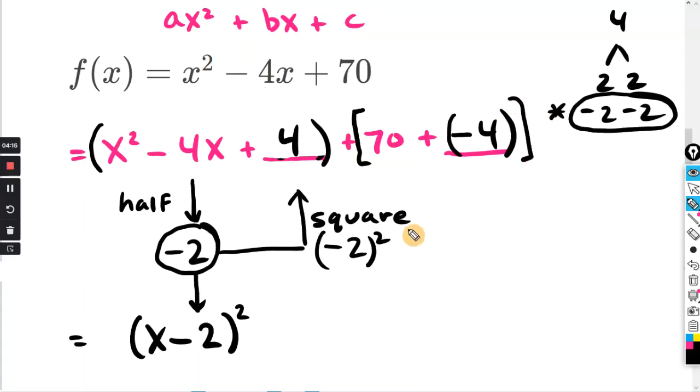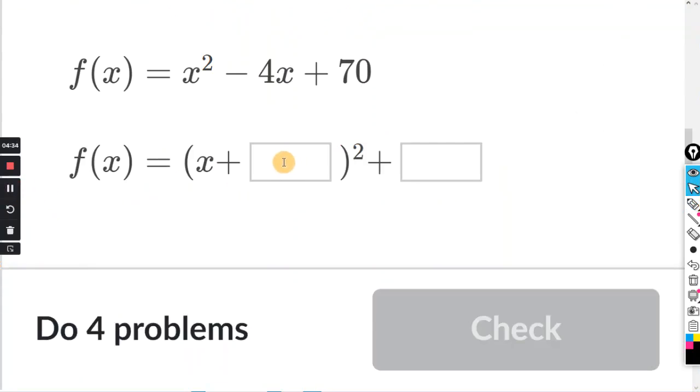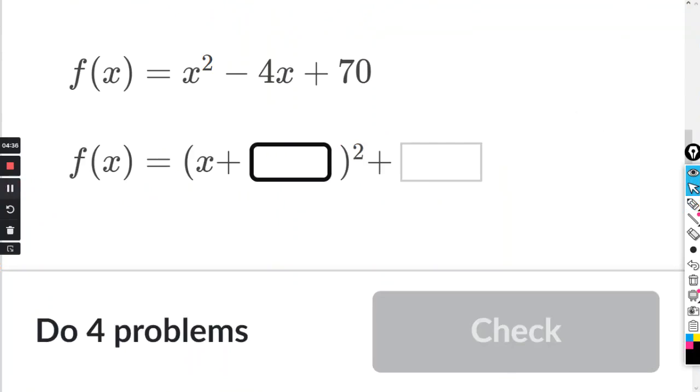70 plus -4 is the same as 70 minus 4. That's going to be 66. Final answer, x minus 2 squared plus 66. So x minus 2 squared is the same as x plus -2.